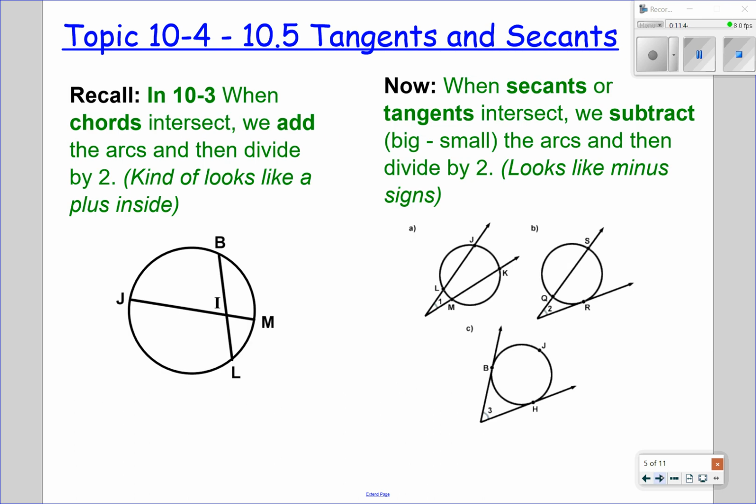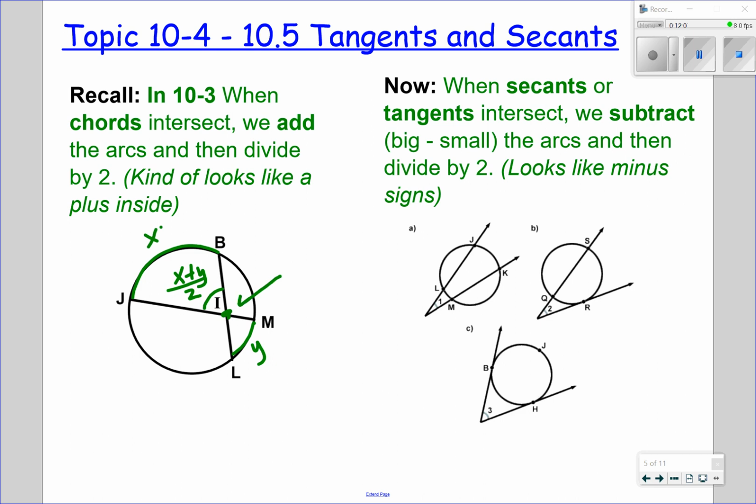We actually did something like this in our last section, 10.3, where the intersection was inside the circle, and we did arc plus arc divided by 2. So if this was x and this was y, this angle here was x plus y divided by 2. So here's how you can separate these two.